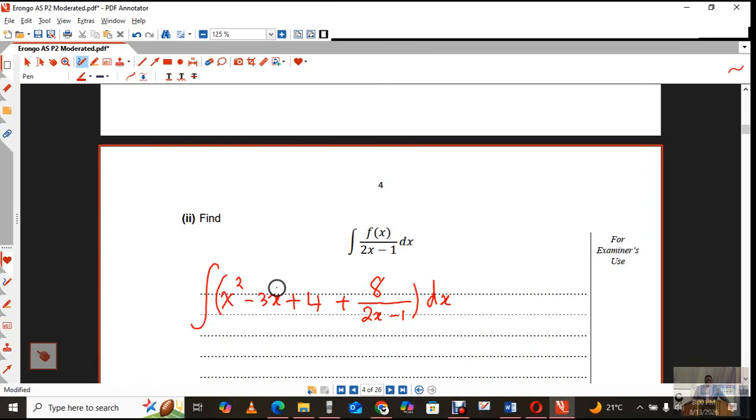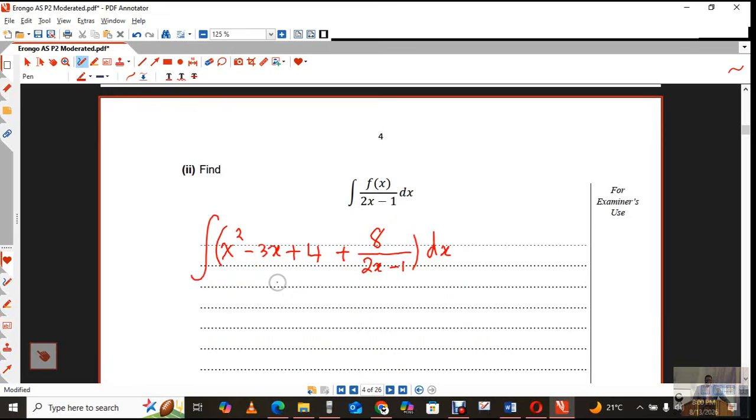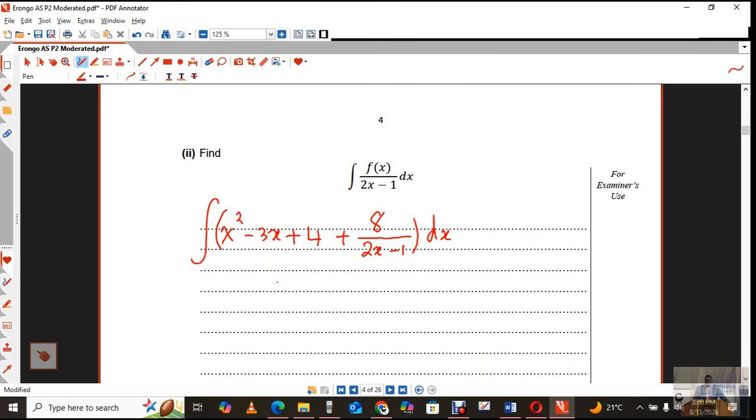So there is going to be a scenario where you are going to put your constant of integration. Now, I just want to separate this because you can do that. So this is the integral of x squared minus 3x plus 4 dx, okay? And then I have plus the integral of 8 all over 2x minus 1 dx.